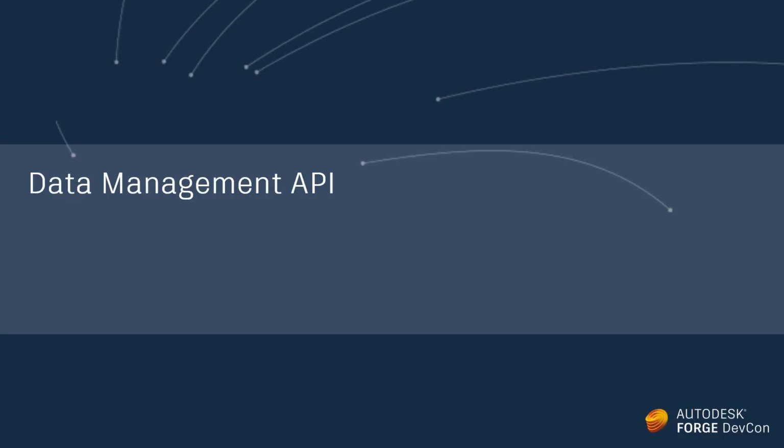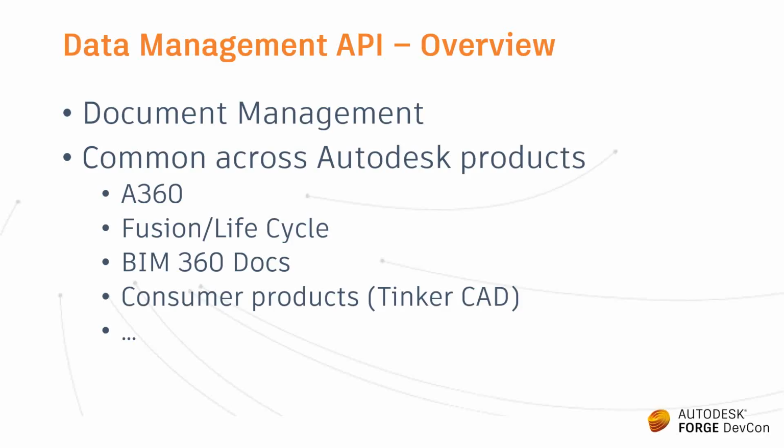So the data management API, let's take a look at it now. The data management API is a document management API which is common across Autodesk products. For instance, A360, Fusion Lifecycle, BIM 360 Docs, and also consumer products such as Tinkercad will be using exactly the same APIs.